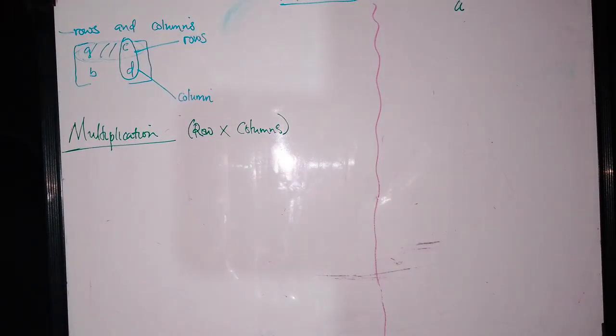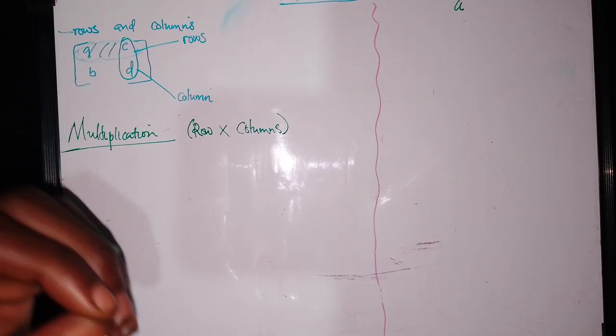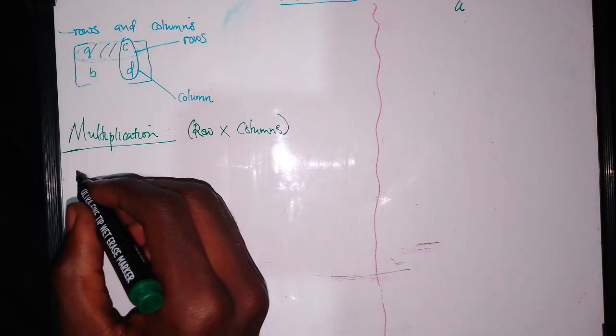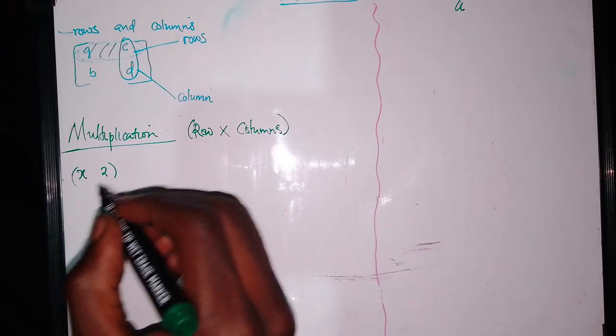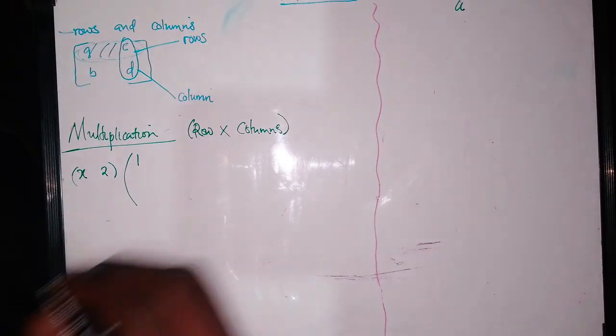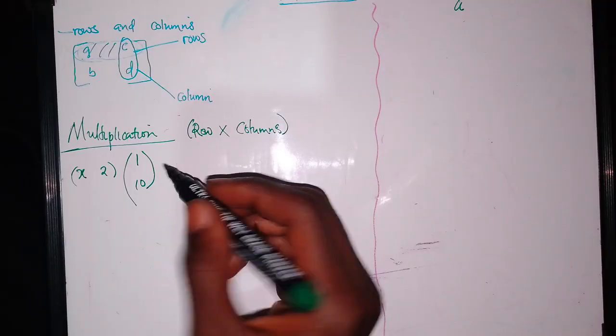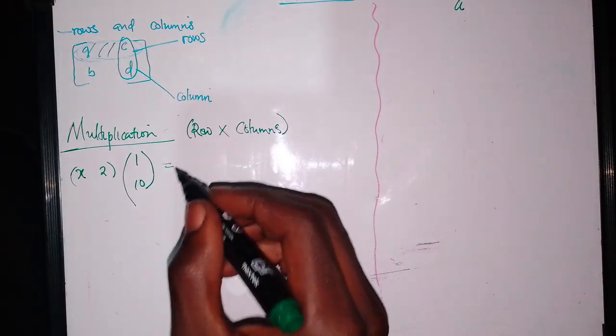Just like the way matrices are arranged, or just like the order of matrix, that is how we also multiply matrices. We can have an example which can be x and 2, and we also have 1 and 10, which is equal to 15.